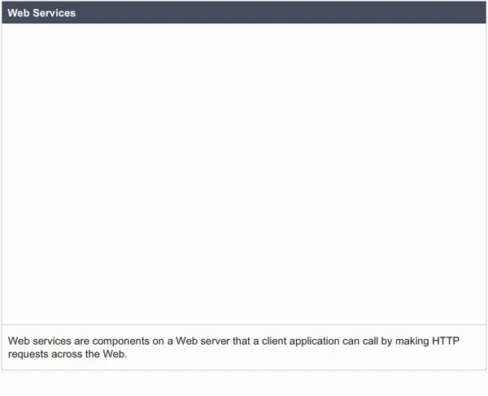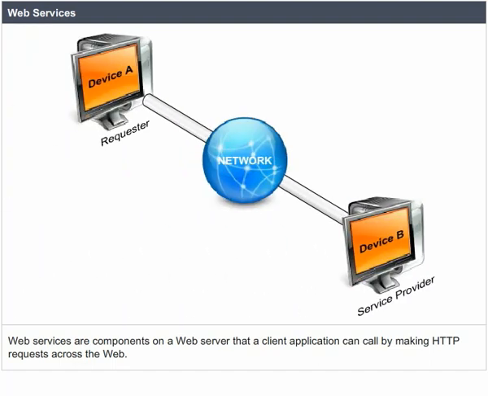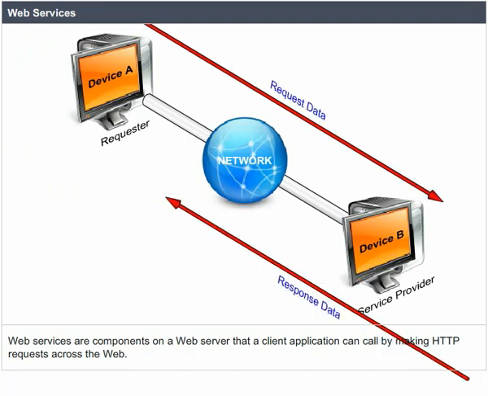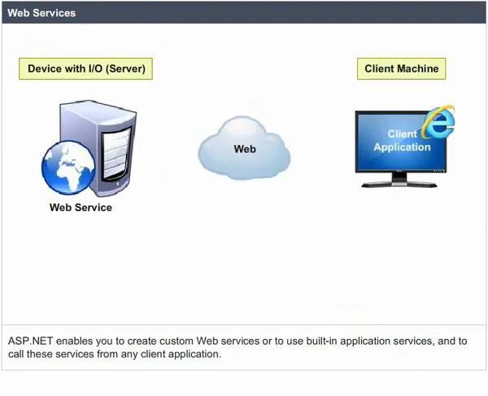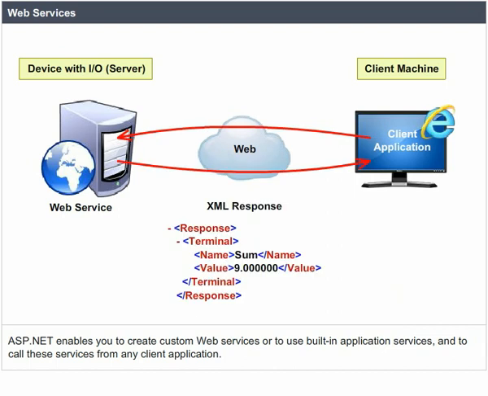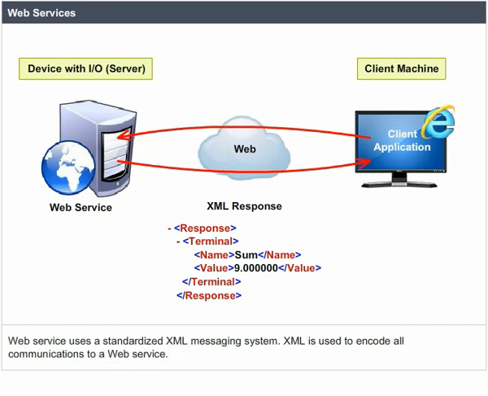Web services. Web services are components on a web server that a client application can call by making HTTP requests across the web. ASP.NET enables you to create custom web services or to use built-in application services and to call these services from any client application. Web services use a standardized XML messaging system, used to encode all communications to a web service.